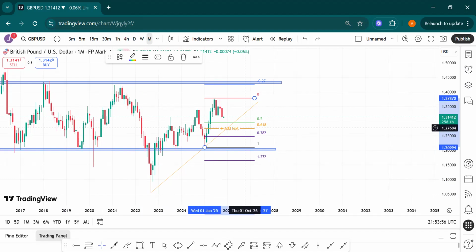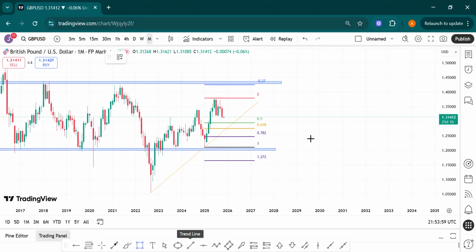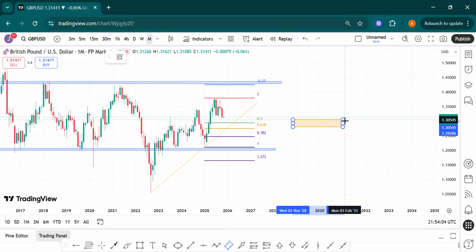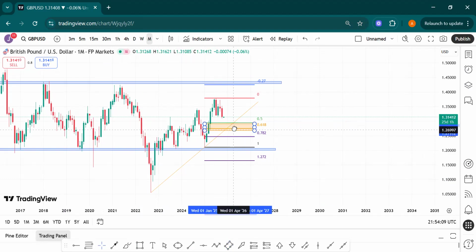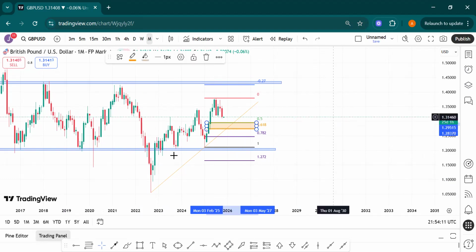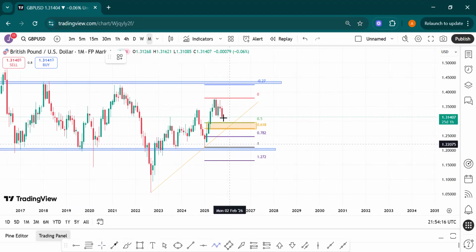And then we can see what I call the Fibonacci retracement golden zone, which is the area between the 0.5 and the 0.618 mark. If I map this out, it will be very easy for us to say that price will likely come in to make a third touch of this trend line, and by so doing we'll also be coming into this Fibonacci retracement golden zone before I believe it will continue in the upwards direction.